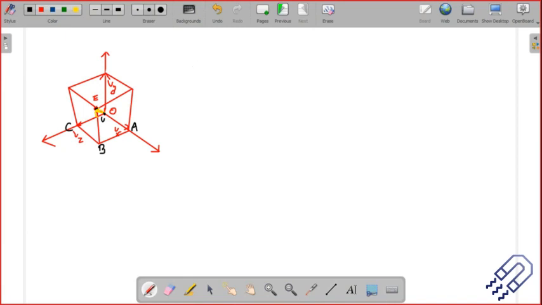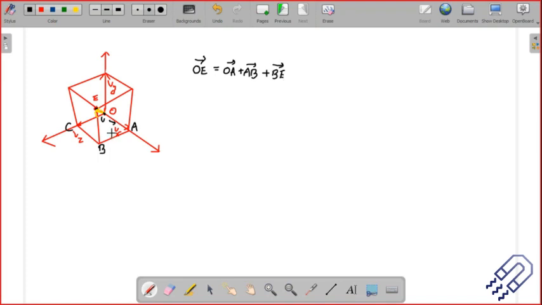Let's say I've written this as OE, and I can go from O to E in three different ways. What I can do is go from O to A, and then from A to B, and then from B to E. This is the path that I'm going to follow.